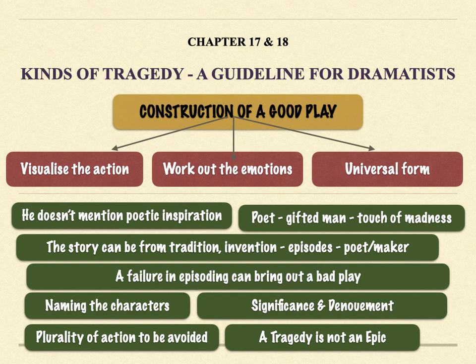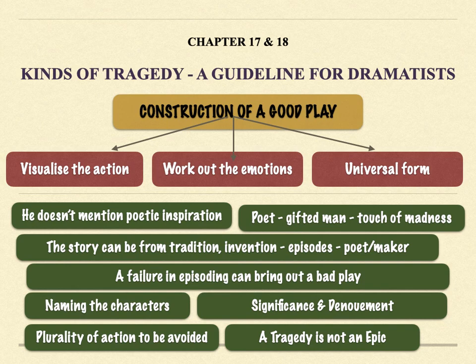At the same time, he advises that plurality of action should be avoided, which means too many plots or too many storylines rather than the main one should be avoided. He also reminds us that a tragedy is not an epic because an epic means many stories can be included.